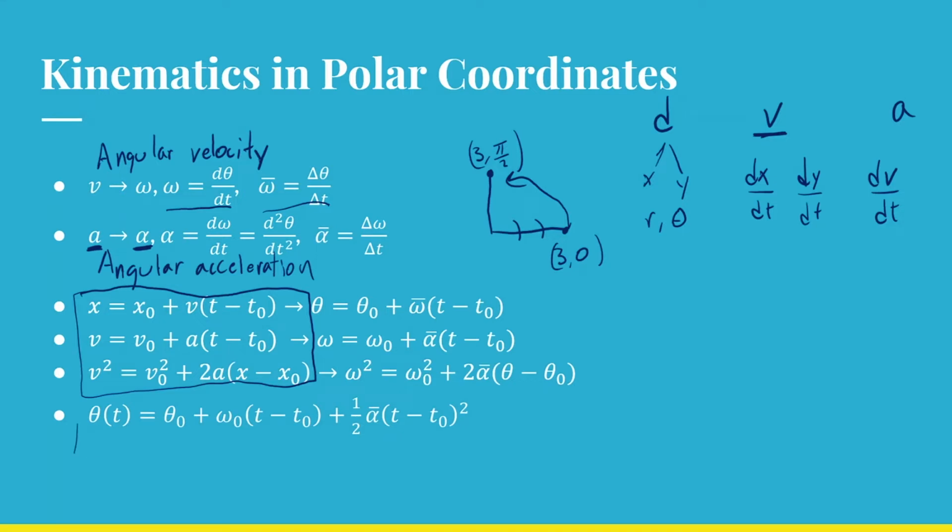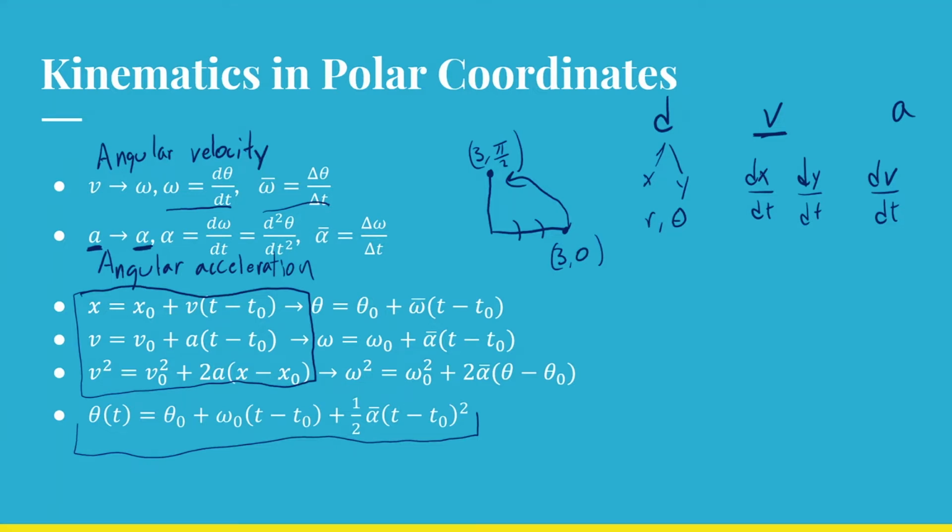And then this right here is our quadratic equation, the one that describes position, and we can also use this to describe the angle. So if we know the initial position, initial velocity, and average angular acceleration something has, then we can figure out at any time how far it has traveled as far as the angle goes.